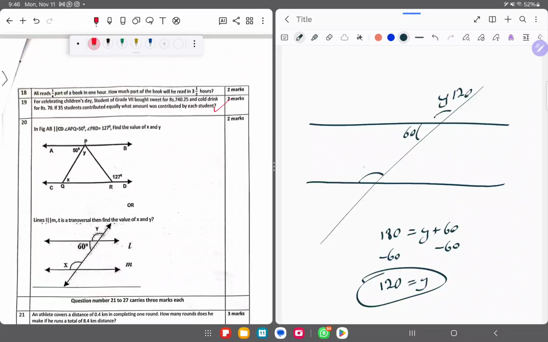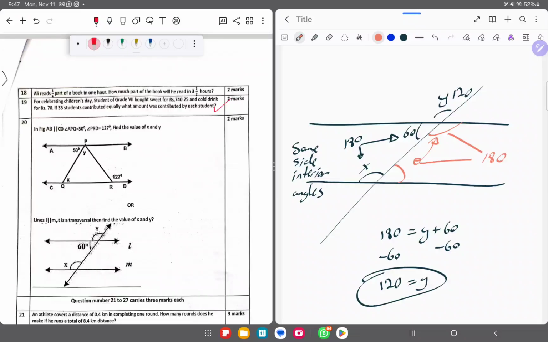And x. Now just show me that this one plus this one are equal to 180. Same side interior angles. Now the other same side ones are these two. They add up to 180.